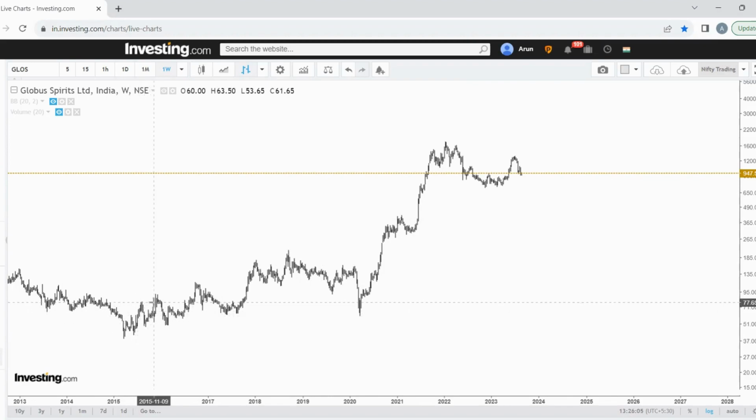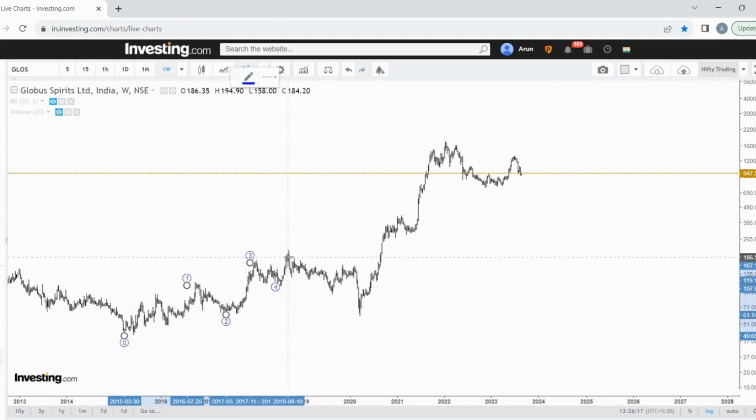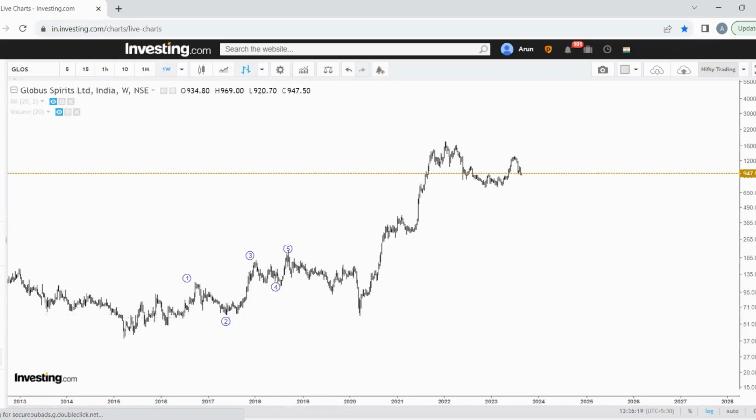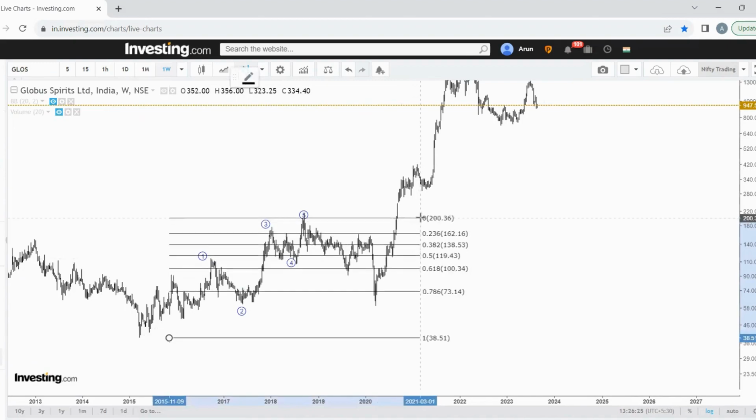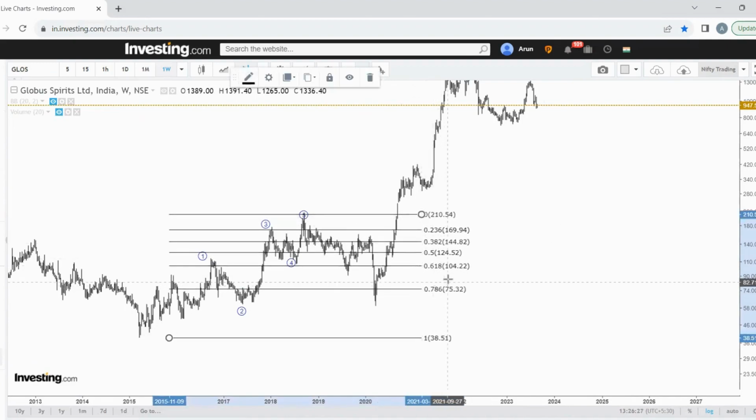One, 2, 3, 4, 5. This is 1, 2, 3, 4, 5. This bigger wave 2 reaches more than 78.6%.